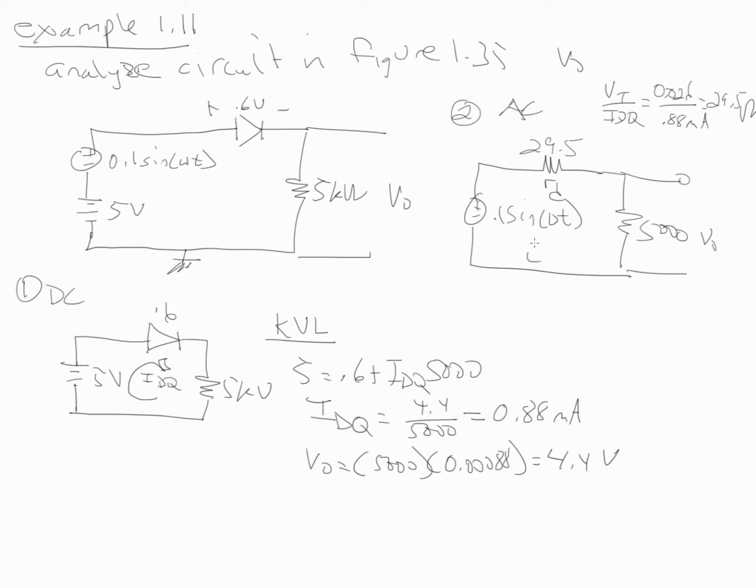And again, we just do KVL, where this is our current at this point. We call it ID. So we got 0.1 sine omega t equals ID times 29.5 plus 5,000.